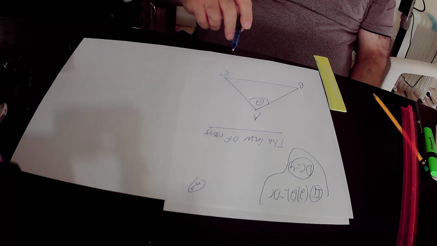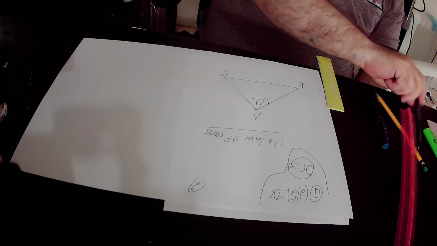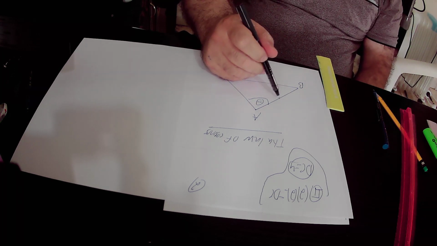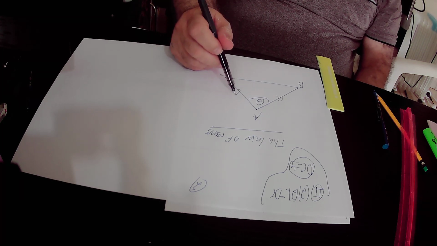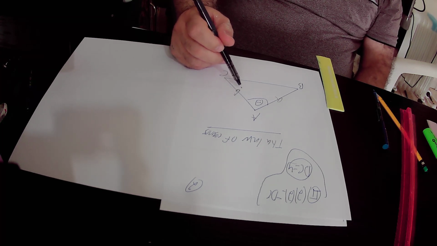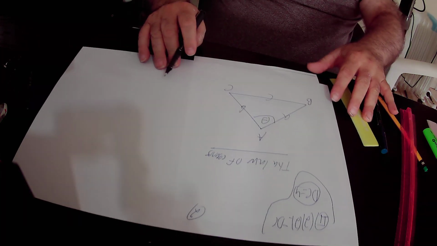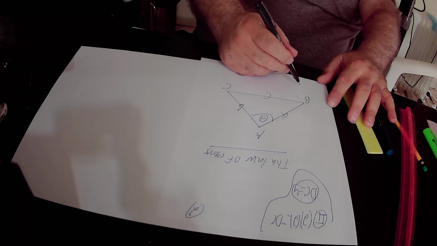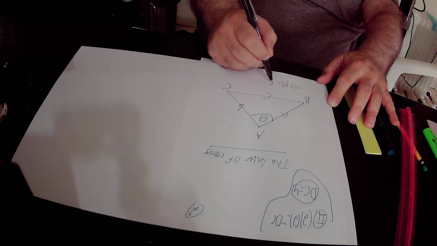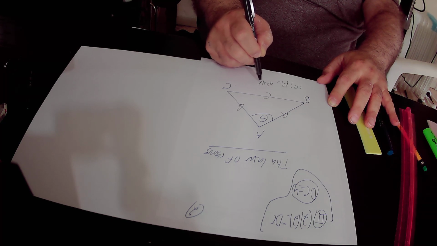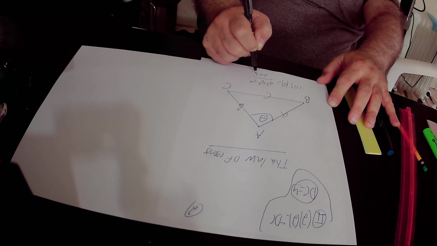The length of side AB is equal to A units, the length of side AC equals B units, and the length of side BC equals C units. Then according to the law of cosines, we get that cosine theta equals A square plus B square minus C square over 2 times AB.